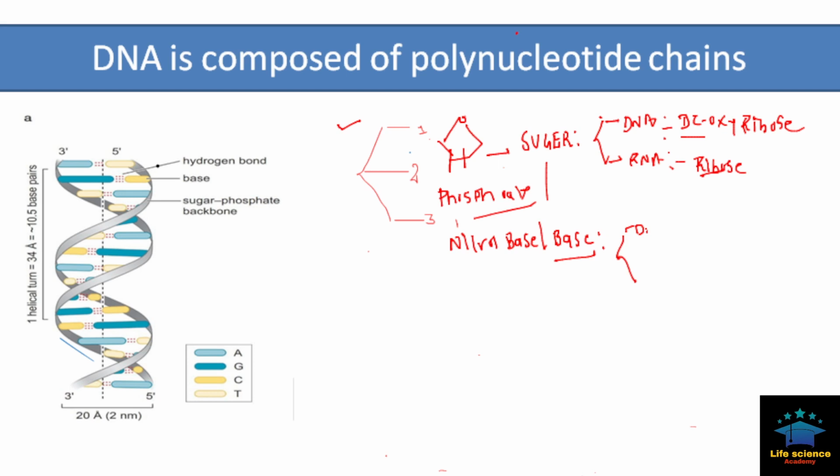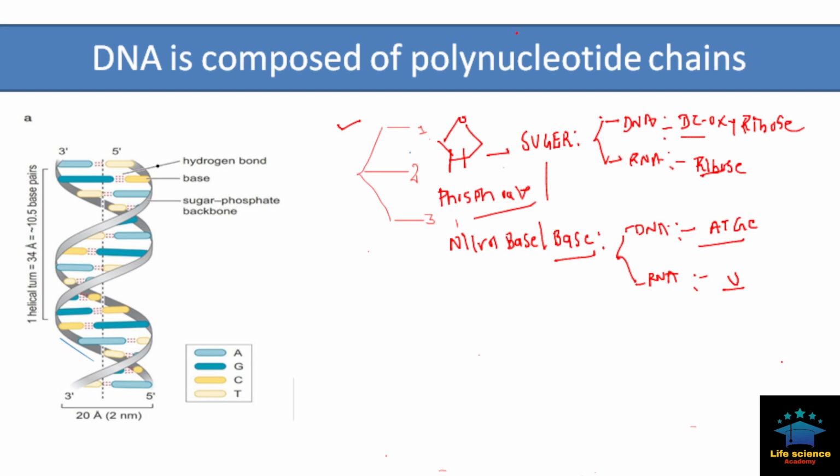In case of DNA, there are 4 bases: adenine, thymine, guanine and cytosine. In case of RNA, instead of thymine, there is uracil. The rest of the bases are the same as in DNA.